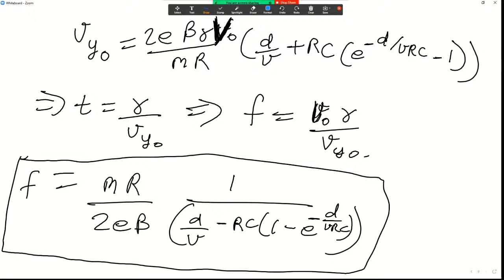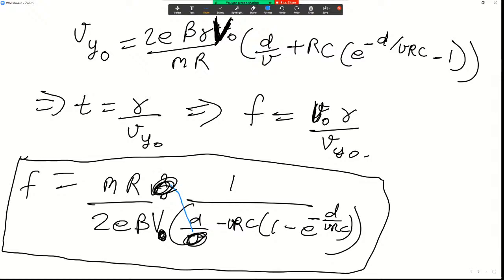So we have M, capital R, by 2E beta R V0 by V0. And then this one will go up too. So this would become V here, and this would become square.